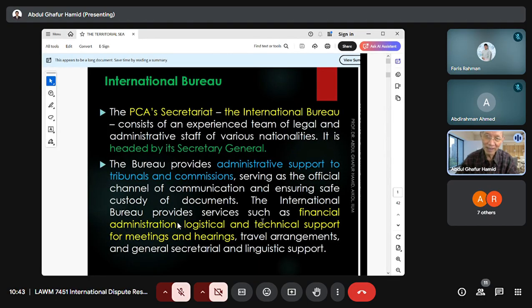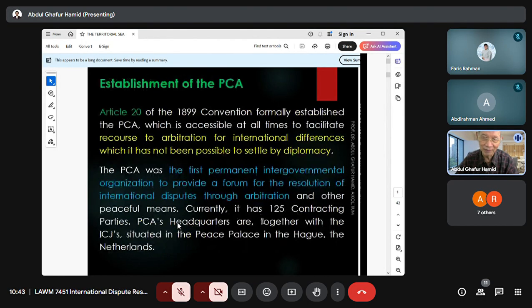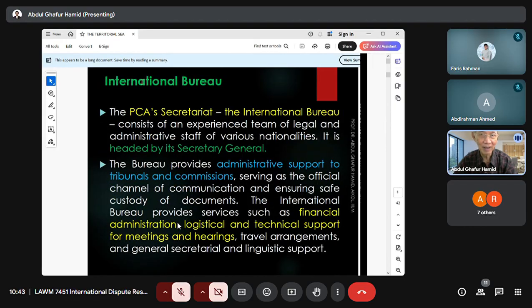Even though this is an intergovernmental organization, it is permanent in nature, meaning not ad hoc or temporary, not a conference. It is a permanent organization. That's why there must be a permanent secretariat. This permanent secretariat is known as the International Bureau.